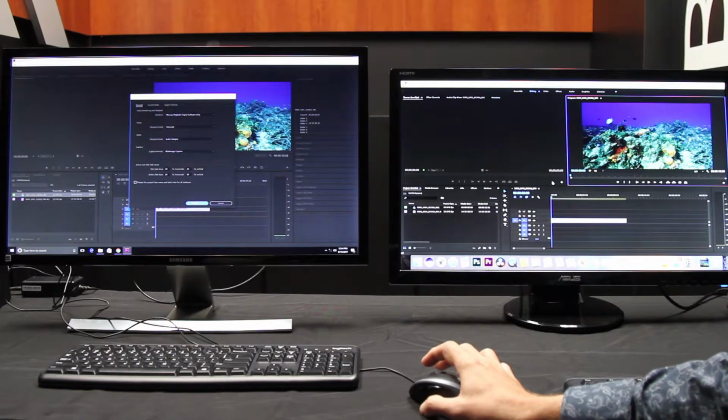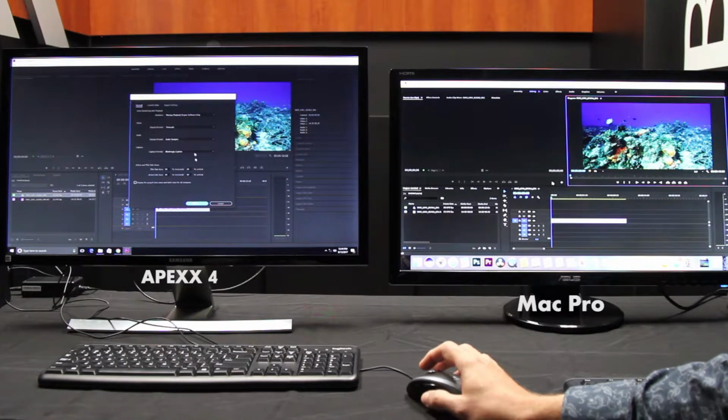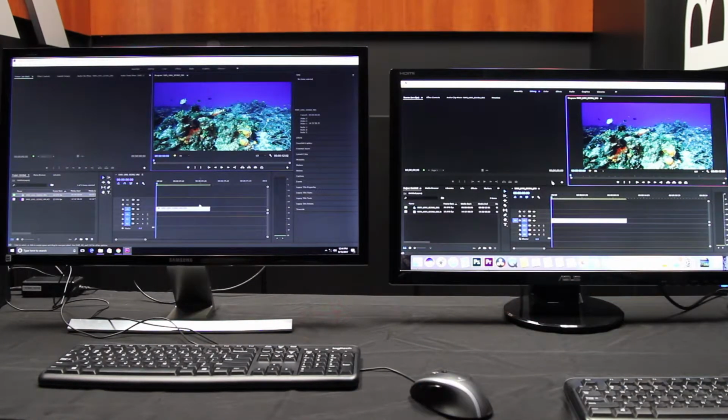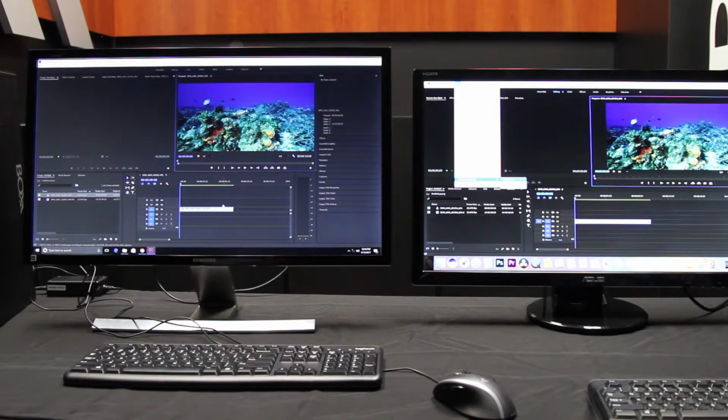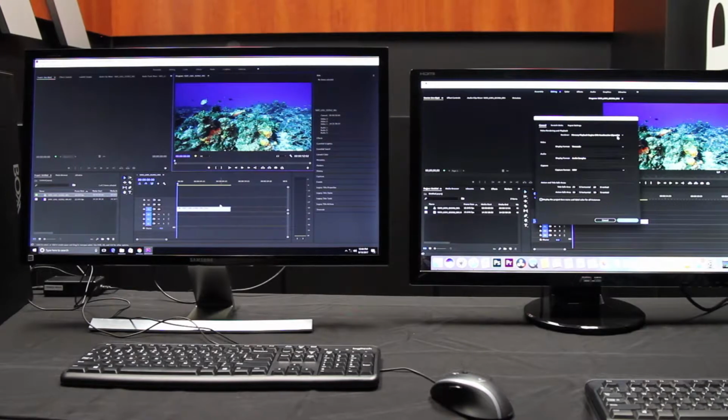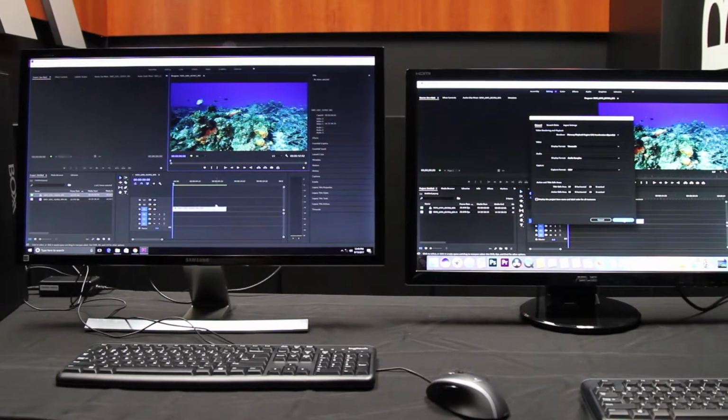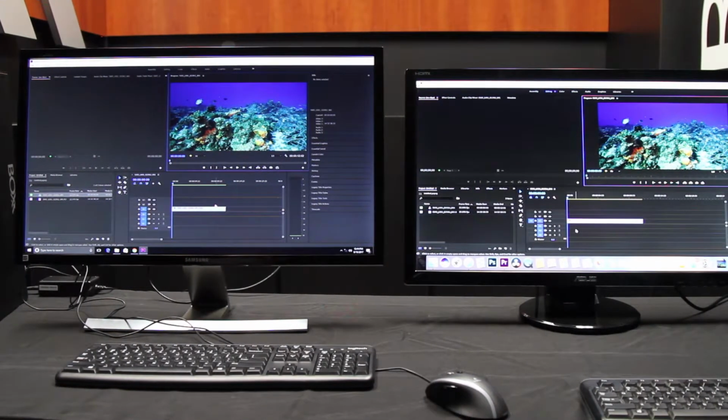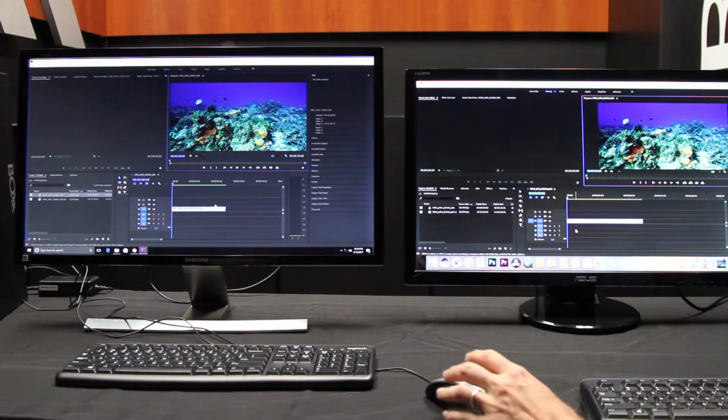So let's see a comparison side by side. I've got my box APEXX 4 set up to software only on this red clip. And over on the Mac, I'm going to give it the OpenCL acceleration. So this is CPU versus GPU on these two systems.